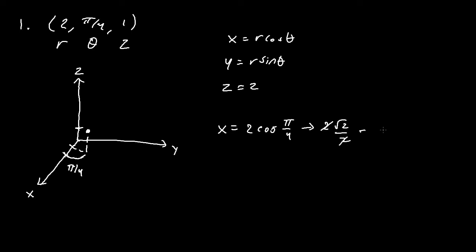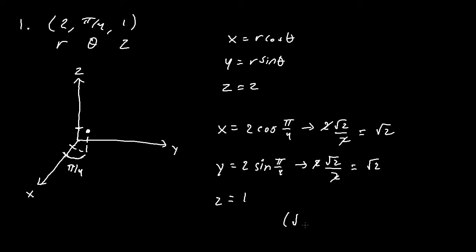The 2's cancel, and we get the square root of 2. Now y is r, which is still 2, times sine of pi over 4, which is also square root of 2 over 2. The 2's cancel, and we're still left with the square root of 2. And then z is equal to z, so our z value will still be 1. So the rectangular coordinates are x, square root of 2, y, also square root of 2, and z, 1. So (square root of 2, square root of 2, 1).